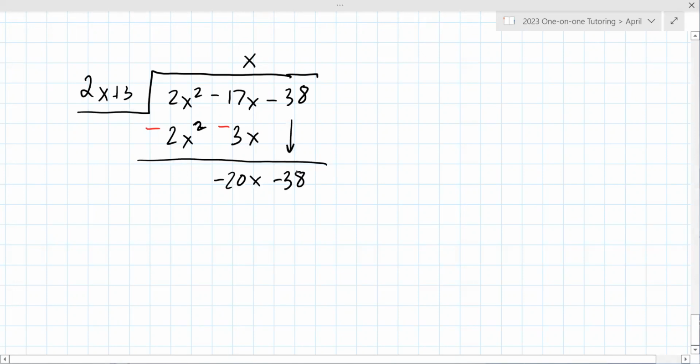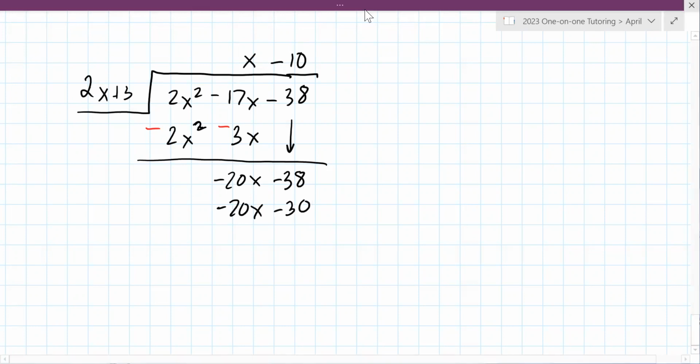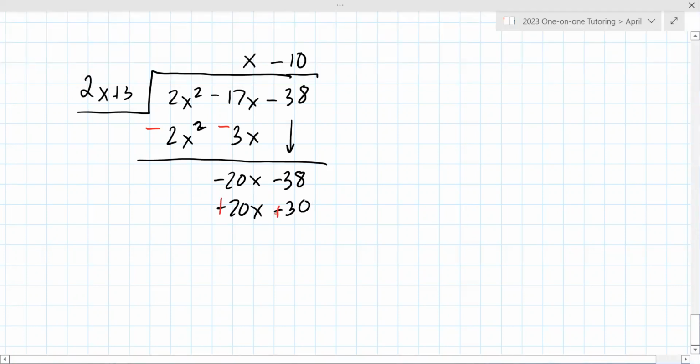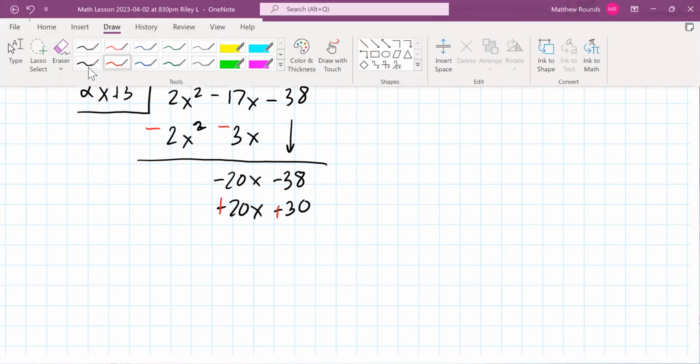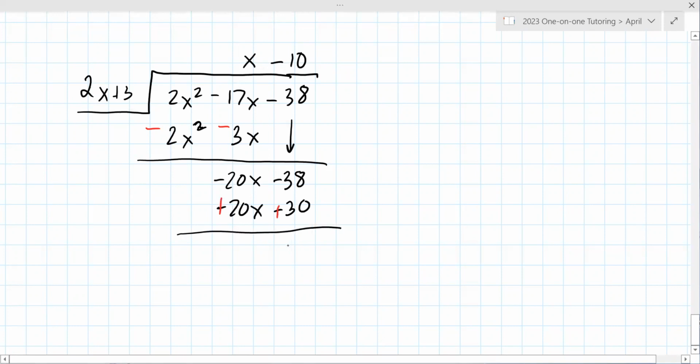And you ask yourself, what do you multiply the 2x by again to get this one right here? Now, since I've already dealt with the x's, I'm now going to have a number, in this case minus 10. So you take that minus 10, you multiply it by the 2x, minus 20x, minus 30. And then again, you change the signs. So this time there's a remainder of -8.